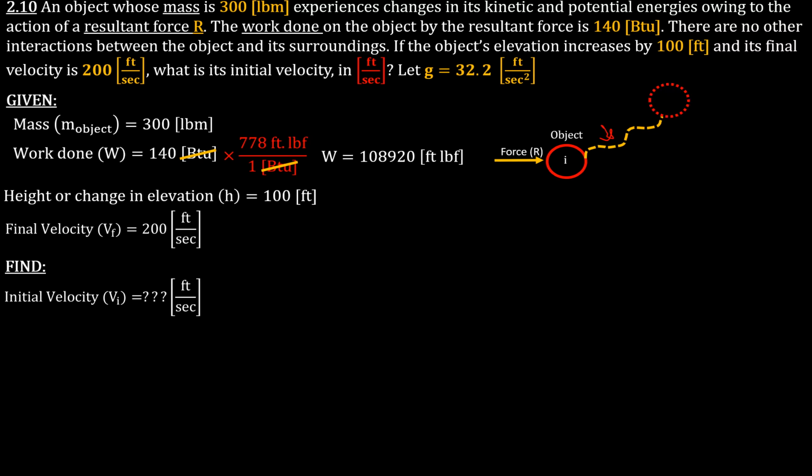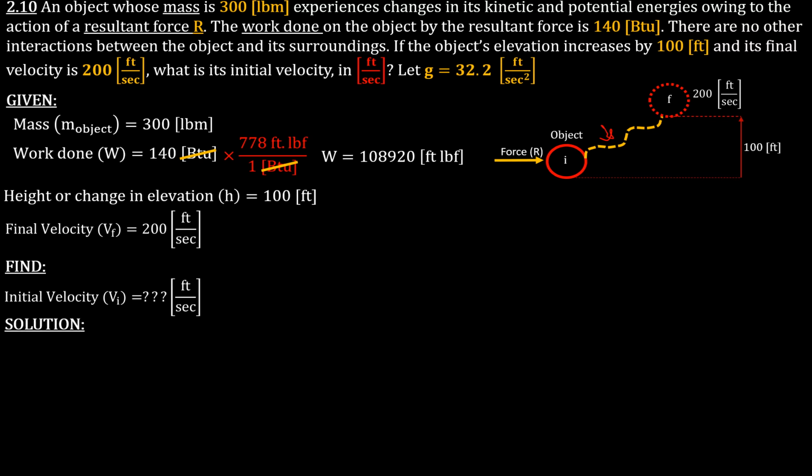And this is the object at its final position, and because of the force and the path it went, it used an energy of 140 BTU for the object to move to change its elevation by 100 feet and increase its final velocity to be 200 feet per second.